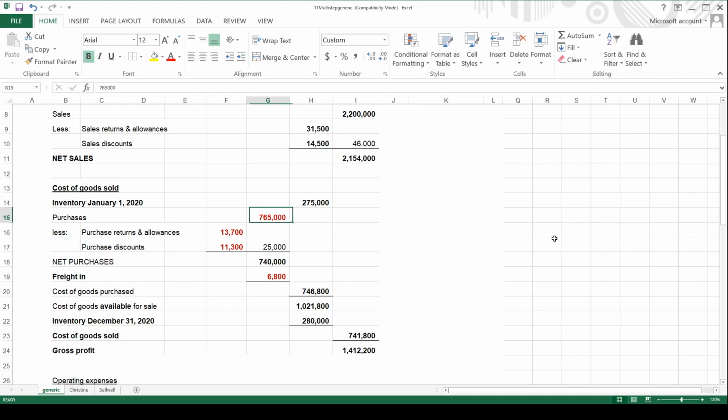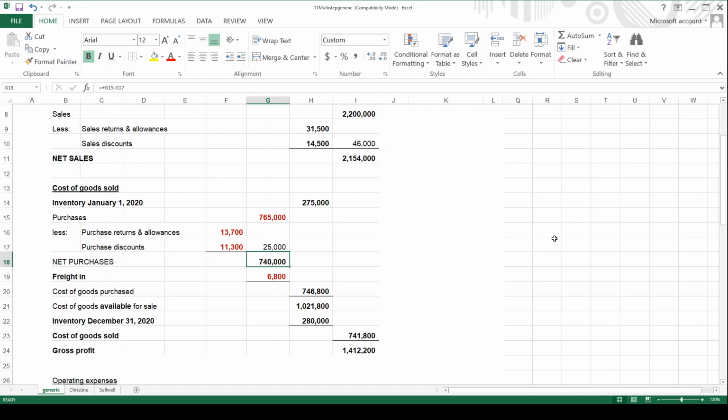During the year, we bought a whole bunch more. That's that account we used when we bought merchandise, purchases. We reduced the purchases by stuff that was returned and discounts that were taken. So the total adds $25,000. We take the $765, which is our purchase amount, deduct the $25,000 for returns and discounts. We get to a number, net purchases.